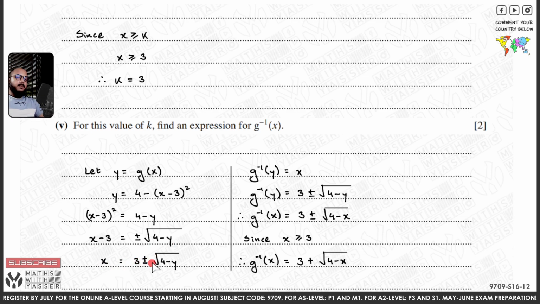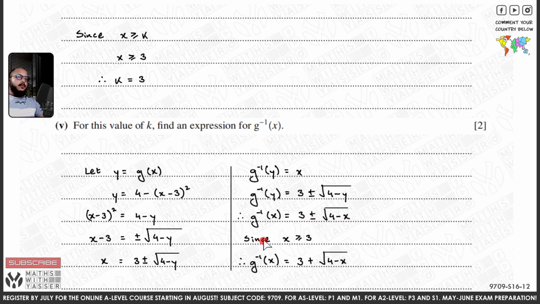So x will be 3 plus or minus the square root of 4 minus y. Since y is equal to g(x), g inverse of y must be x. So we can just substitute this x over here. So g inverse of y will be 3 plus or minus the square root of 4 minus y. Therefore, g inverse of x must be equal to 3 plus or minus the square root of 4 minus x.